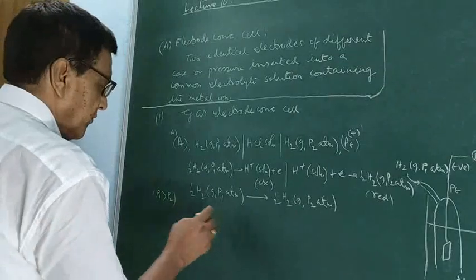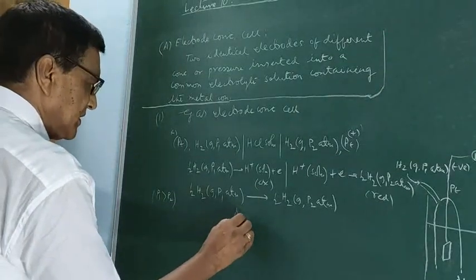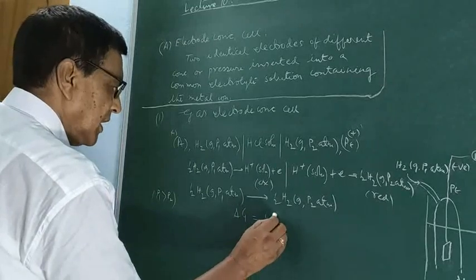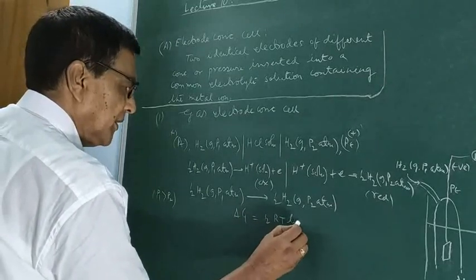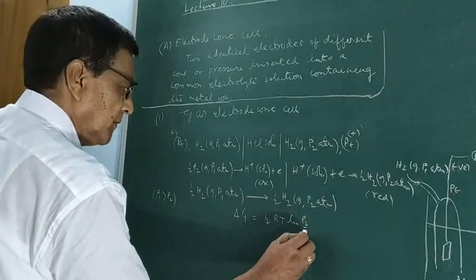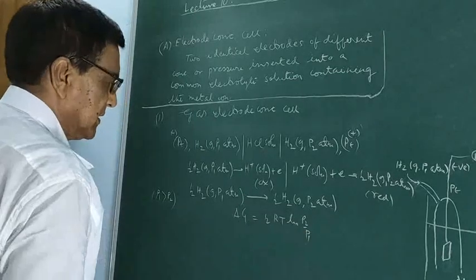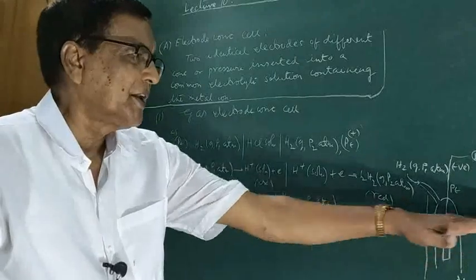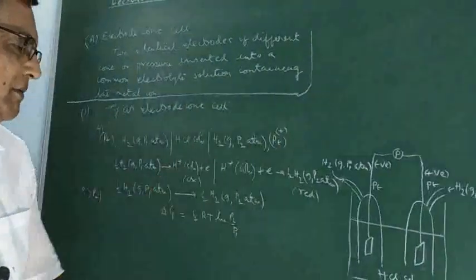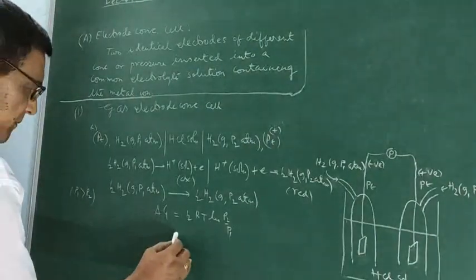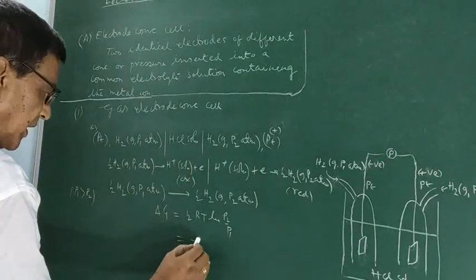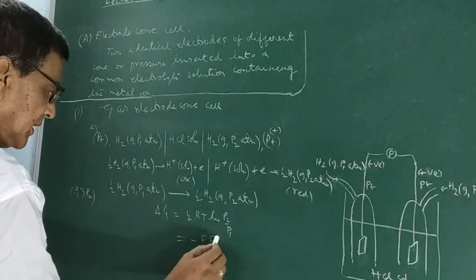So for this spontaneous process, delta G equals half RT ln P2 by P1. And whenever this free energy is converted into electrical energy by an arrangement of this type, then since 1 electron is involved, it will be equal to minus F E cell.